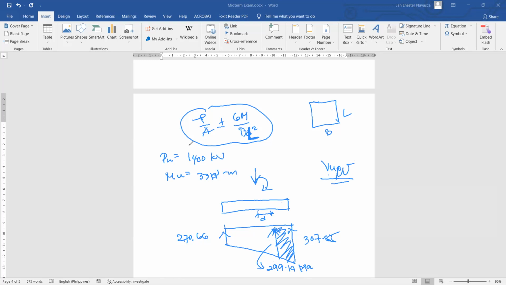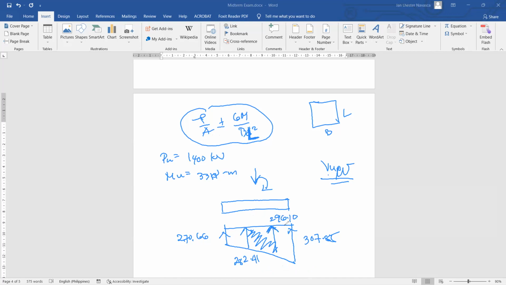Then number 2 is to determine the punching shear stress. To determine it, you just measure d over 2 distance from each face of the column. So this is the d over 2 distance, this is the other d over 2 distance, and this is the soil pressure you solved, which is 282.41 and 296.1 kPa.